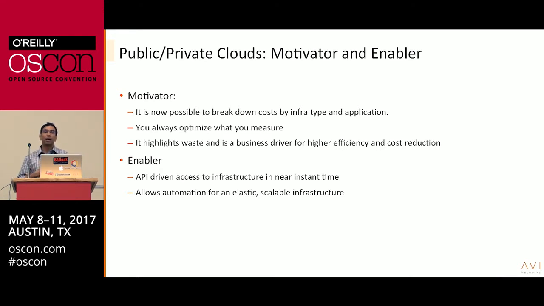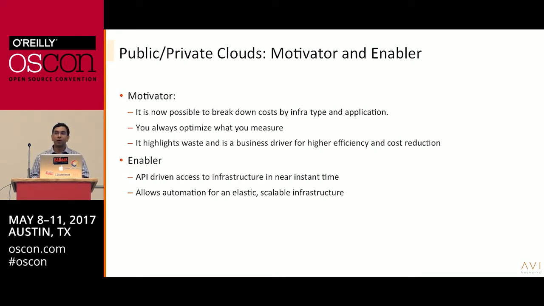Once you have that kind of visibility, you almost always want to optimize for it. That's just the way the world works, that's just human nature. So the cloud is also a motivator for getting better utilization from your system. It also allows you to deploy more applications, so it's all the more important to get better utilization for all that infrastructure cost that you're spending.